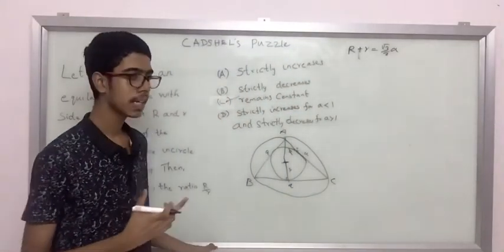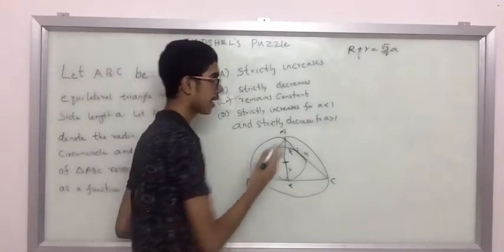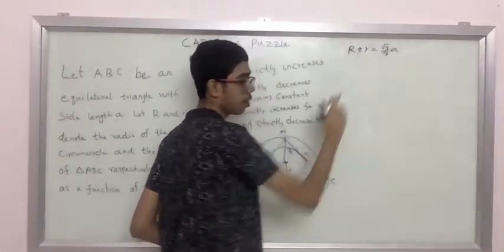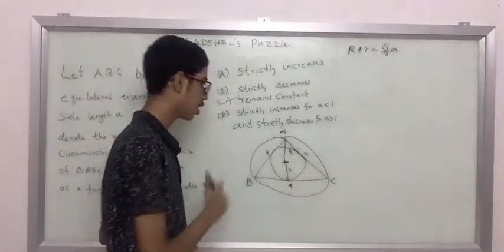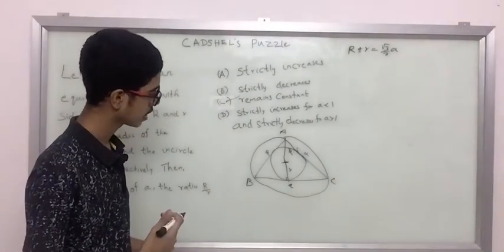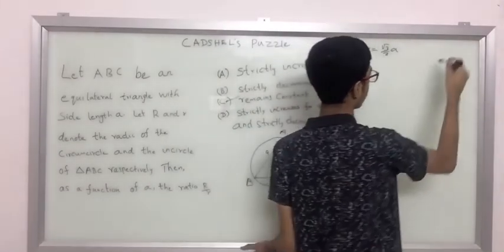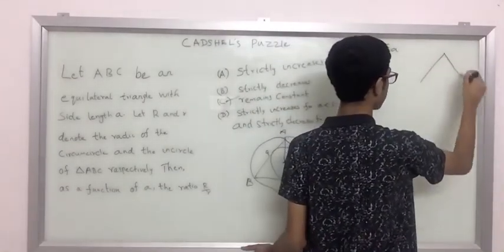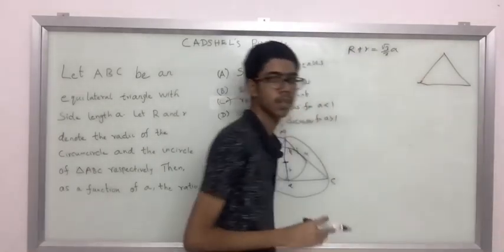But I will need another equation to find capital R and small r in terms of a. For that, there is another property in triangles, it's not only for equilateral, it will work for any triangle.